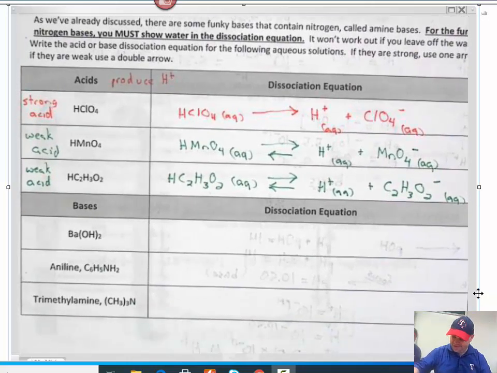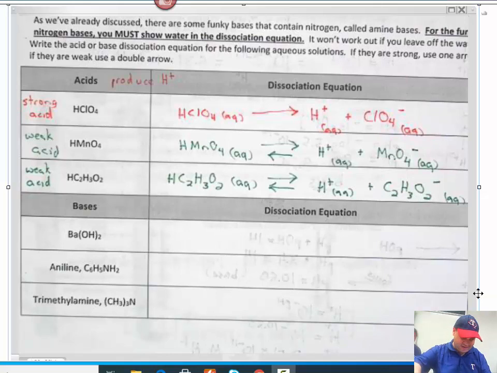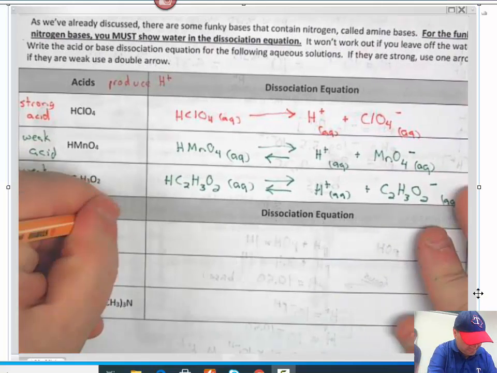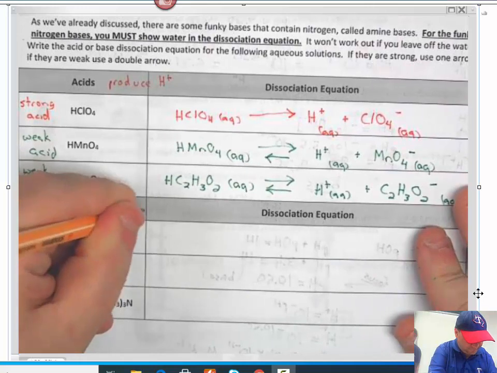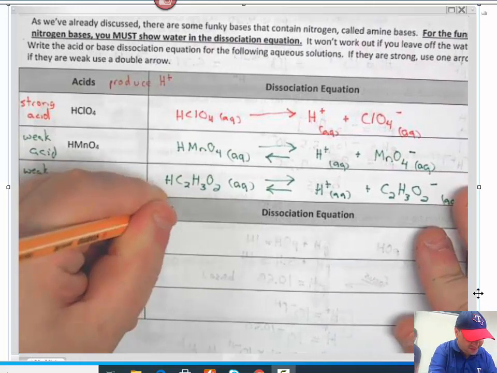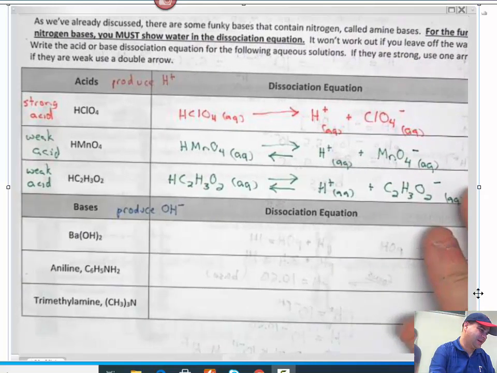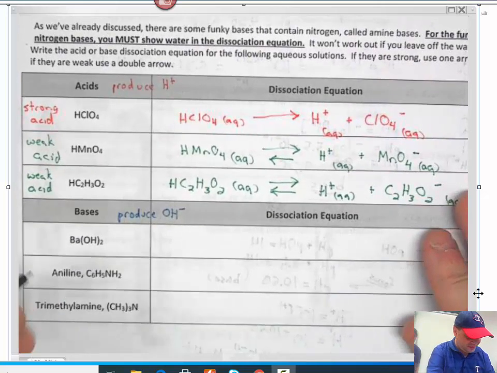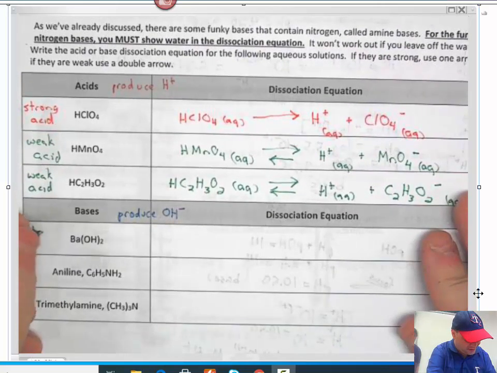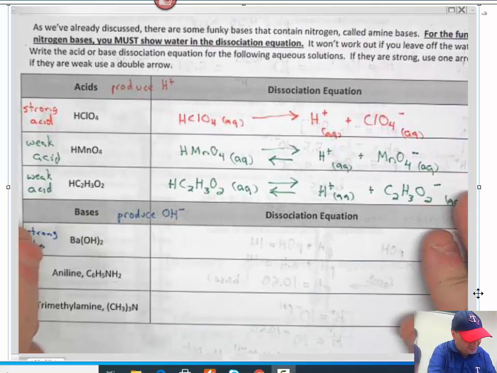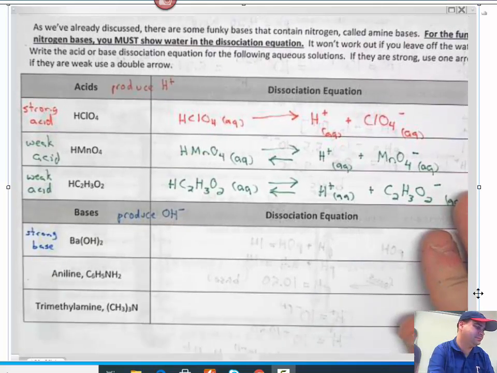Okay, bases. Remember, Arrhenius said bases produce OH minus. Okay. Barium hydroxide is a strong base. Okay.